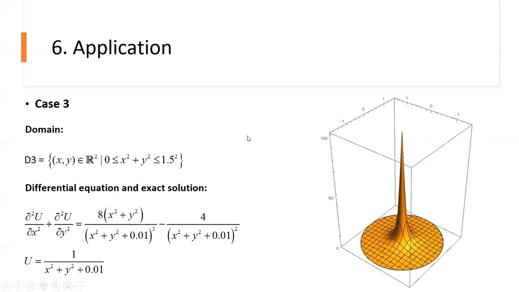For case 3, we will consider a circle domain with a higher gradient at point 0, 0. The image on the right is just to show where the largest gradients are.